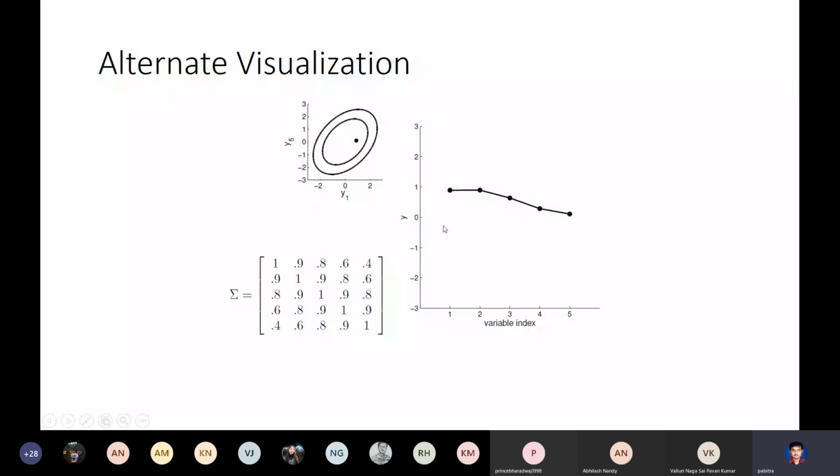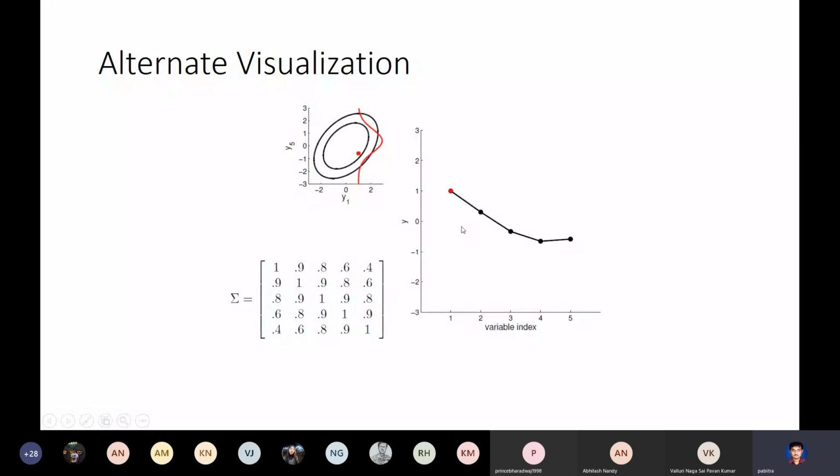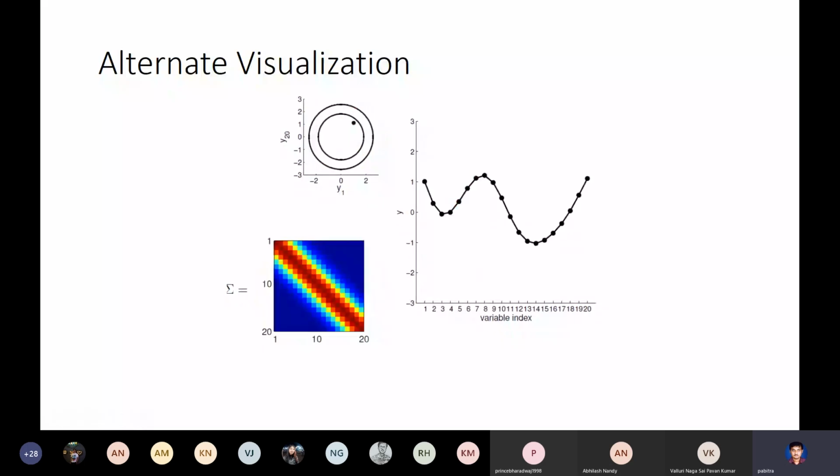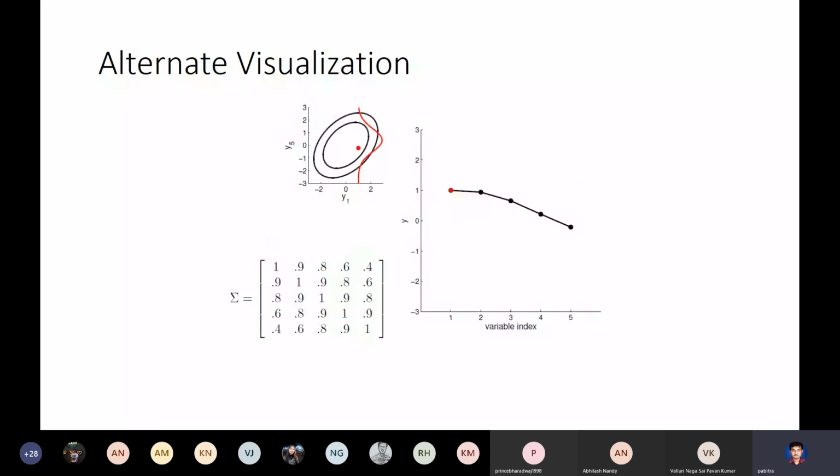And we can do the same conditional thing here also. We can, for example, fix the value of y1 to 1. Then if we move the curve, one of the values is fixed and the other points change. Any queries so far? No. Okay.